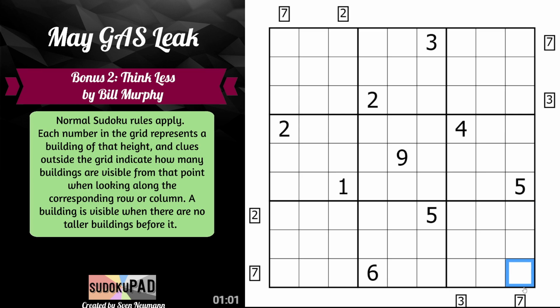And obviously whatever we throw down here will not be visible here, and it has to be low enough for there to be 7. And the same thing is true here, right? So whatever low digit goes here means we'll have 1 less to work with here. And whatever low digit gets placed here, we'll have 1 less to work with here. So immediately we lose out on these corners for a skyscraper.